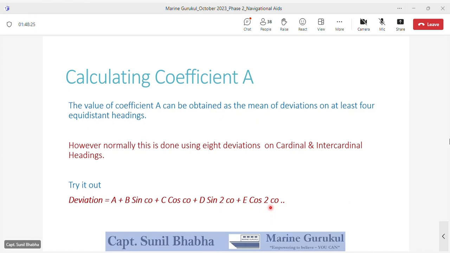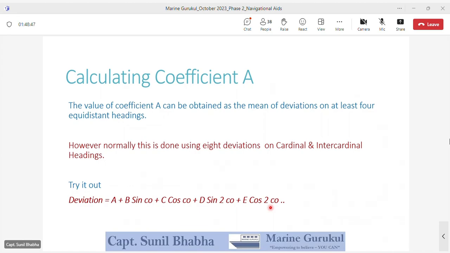Beta, can you note the deviation of the ship? Yes sir. You noted the deviation of the ship on the 4 cardinal headings. Okay. You took their mean. Mean means add all of them and divide by 4. You will get a value. Okay sir. That is the coefficient A of that ship. Okay.